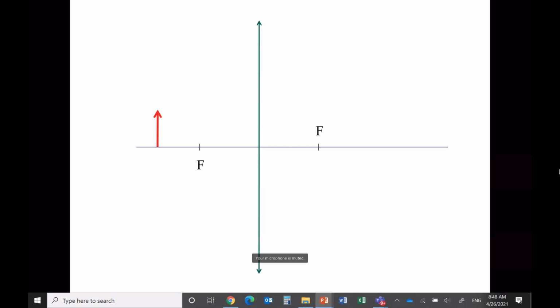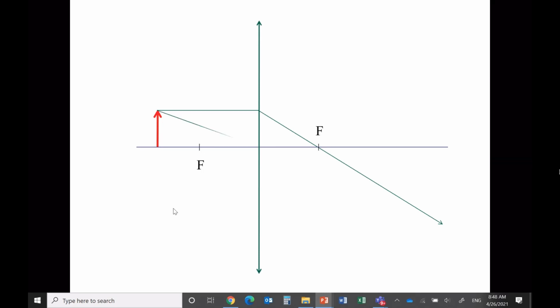This is the object. The light beam goes, we select just two beams. One goes to the lens in the perpendicular direction and is directed to the focus. All of the parallel beams are collected at the focus.